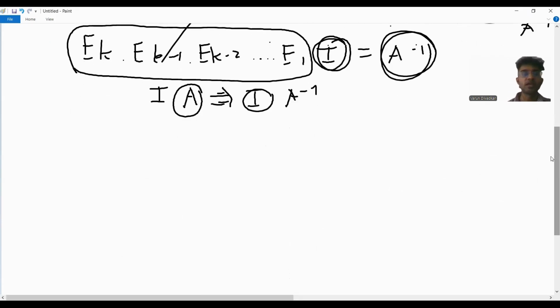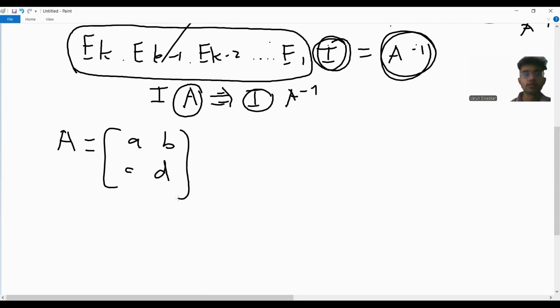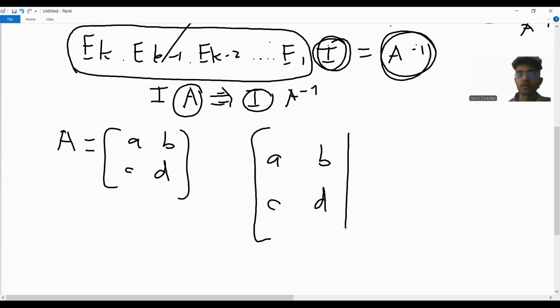So suppose we have a matrix A. Let's say it's a 2 by 2 matrix with entries a, b, c, d, right? Then what you have to do is write it in this form: a, b, c, d. It's called the augmented form. And on the other side, you just write 1, 0, 0, 1. All right.